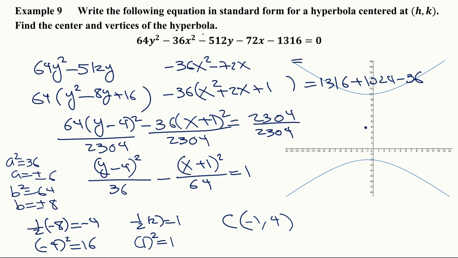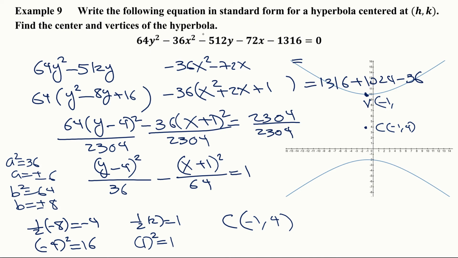So the center is at -1, 4. I know that the upper vertex, let's call it V, is going to be at the same x value, but for the y value, I need to add 6 to it.